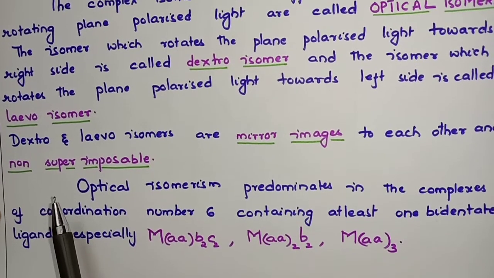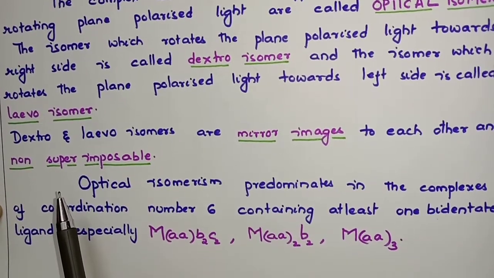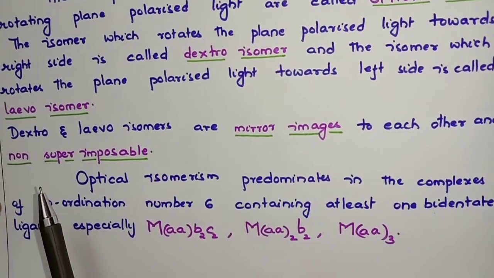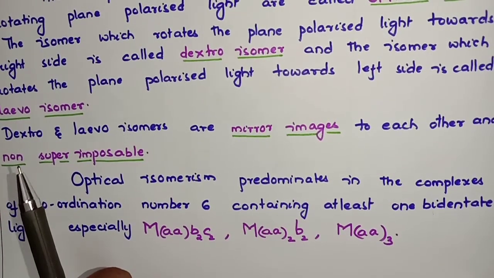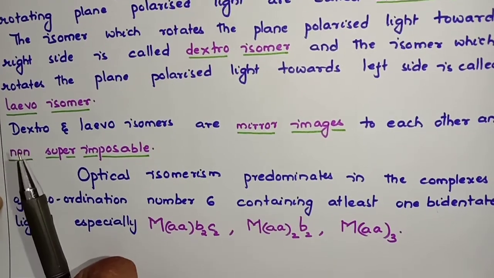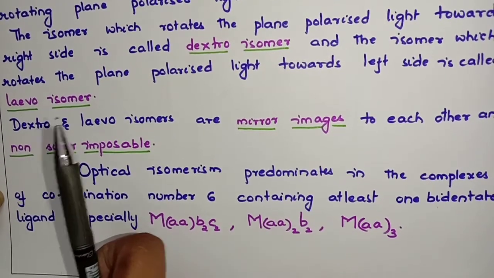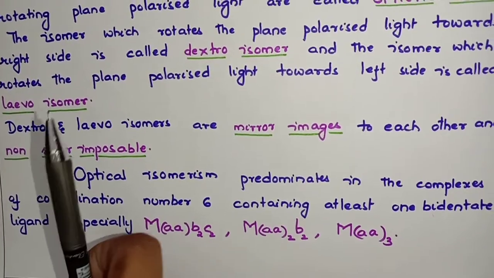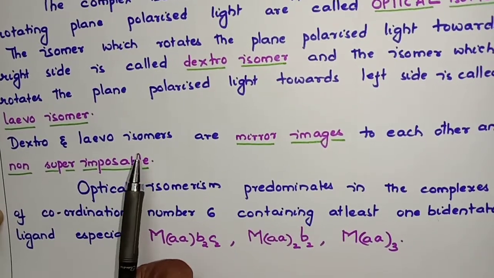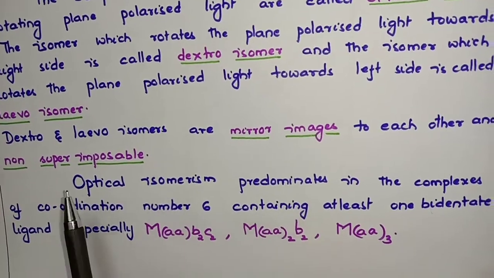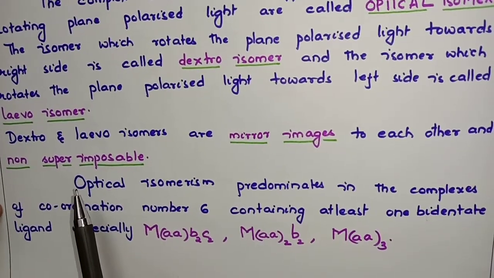That we call non-superimposable. If you just look in the mirror, how will it look? Our right ear will look like the left ear, and the right eye will look like the left eye in the mirror. Exactly the same, the dextro and levoisomers are mirror images and they are not superimposable.